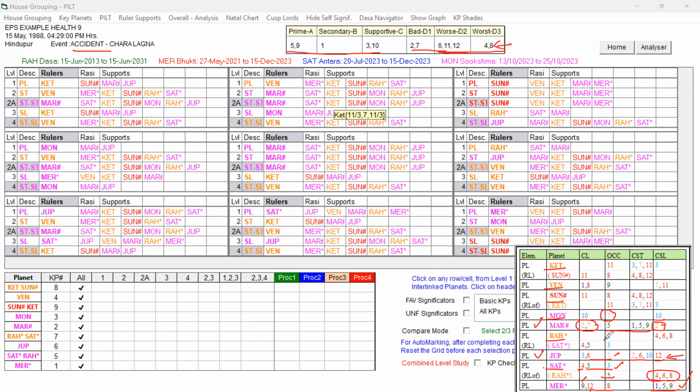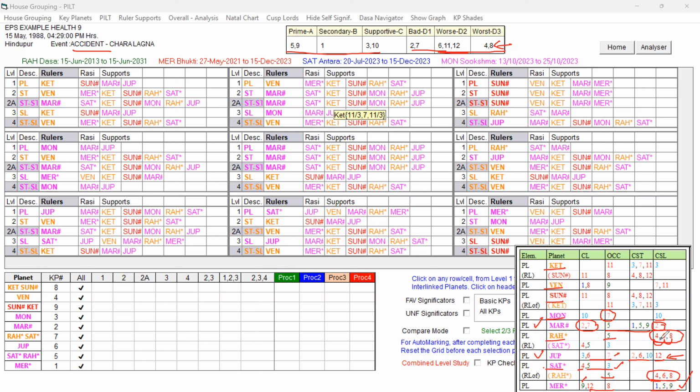Rahu is fifth occupant. It's not a problem. It is a good planet. But it is 4, 6, 8 cuspal sublord. Unfavorable grouping of 4th house, 6th house, 8th house. 4 is not supported to the 5th house. 4 is supported by 6th house, by 3rd house from the 4th house, and 3rd house from the 6th house is 8th house.